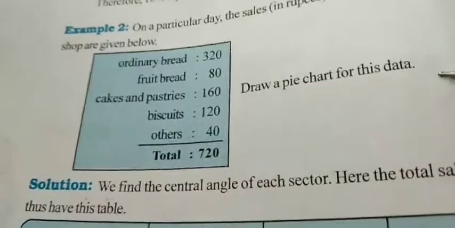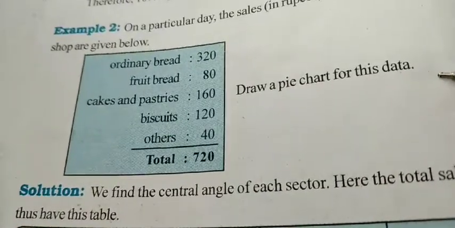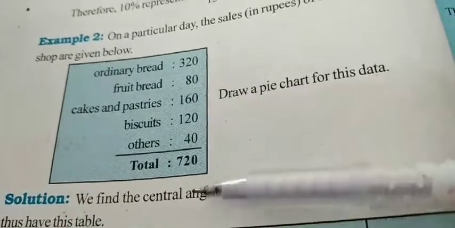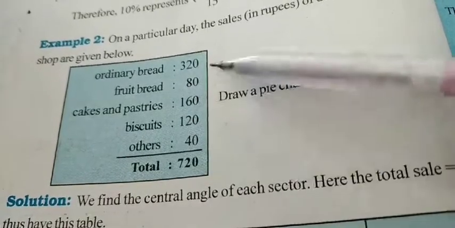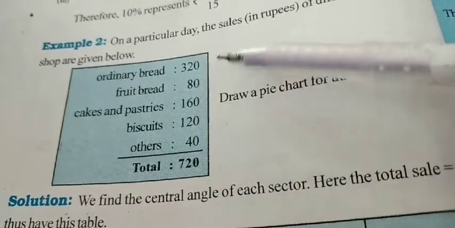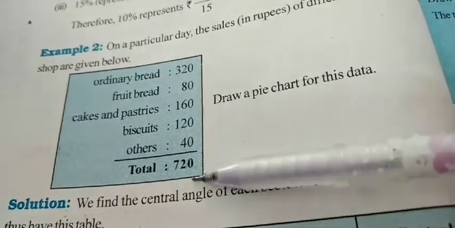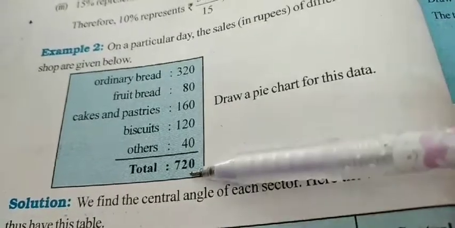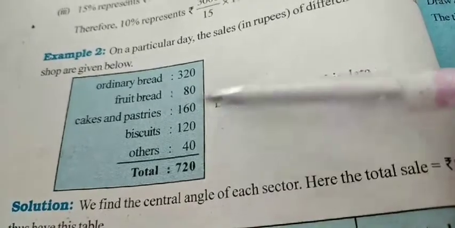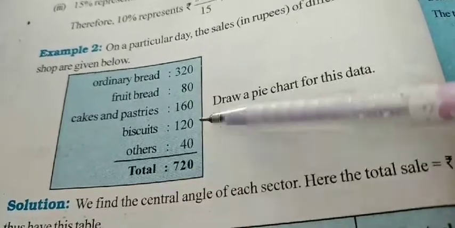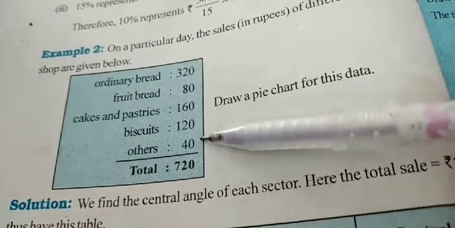Draw a pie chart of this data. If the total is not given, you have to find out the total, because to find the fractions for each item, you need the total: 320 upon 720, 80 upon 720, 160 upon 720, 120 upon 720 and 40 upon 720.